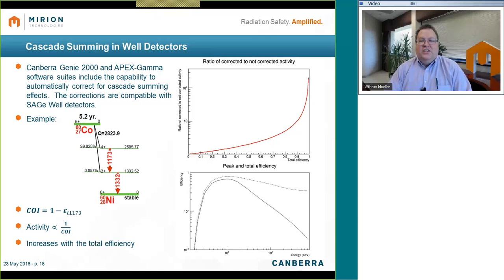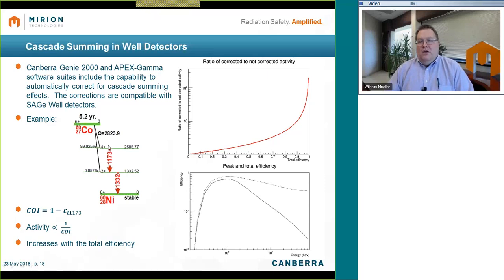And just to illustrate the dependence of this, as the well detectors have some of the most challenging summing effects, I want to show a relatively straightforward example with the cobalt-60 decay.